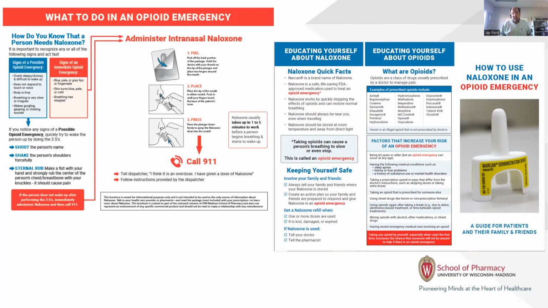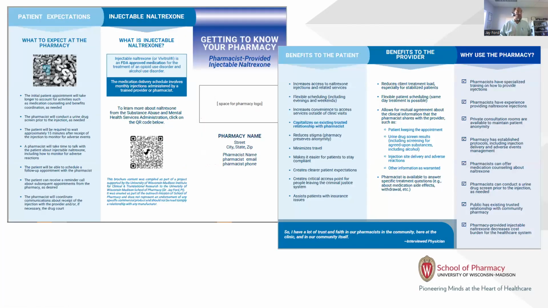We also used a similar approach to come up with some brochures about why you should go to a community pharmacy to get a naltrexone injection, a Vivitrol shot. We talked to providers and pharmacists, and we came up with a checklist. What are the benefits to the patient?